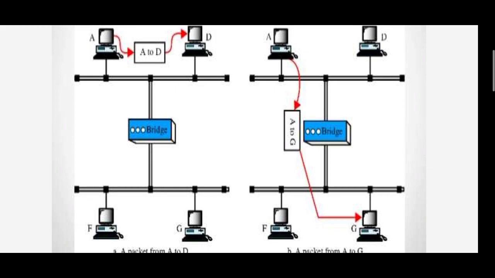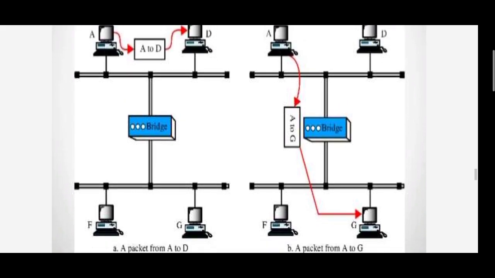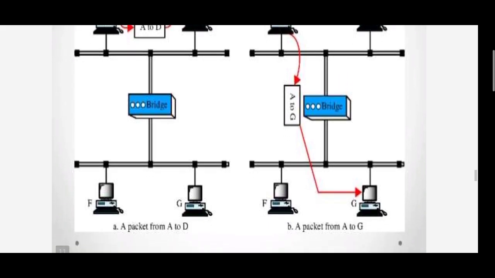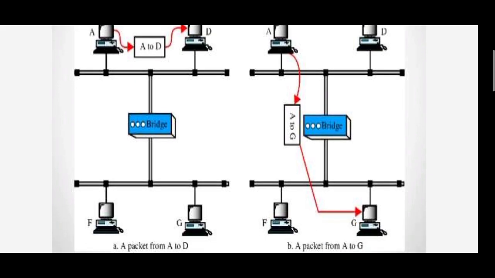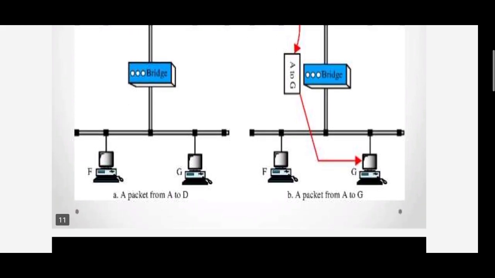This is the network bridging. Imagine A, the data packet goes from A to D. Here imagine B, the data packet is A to G.